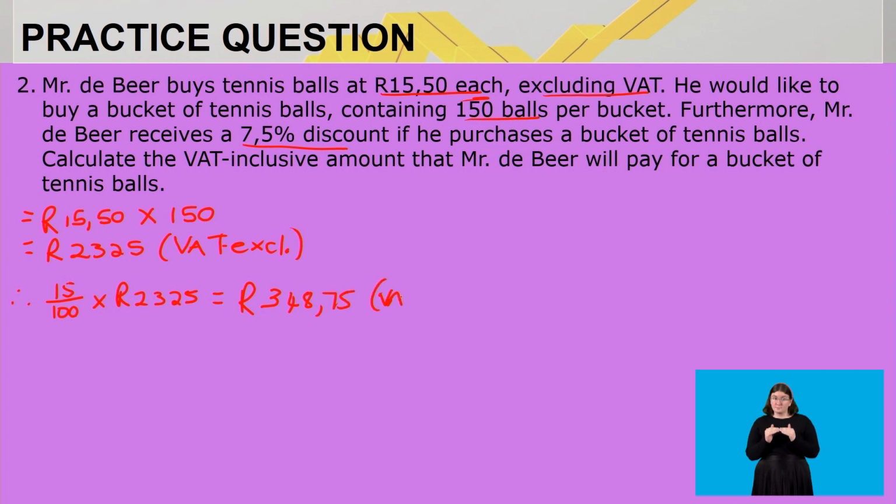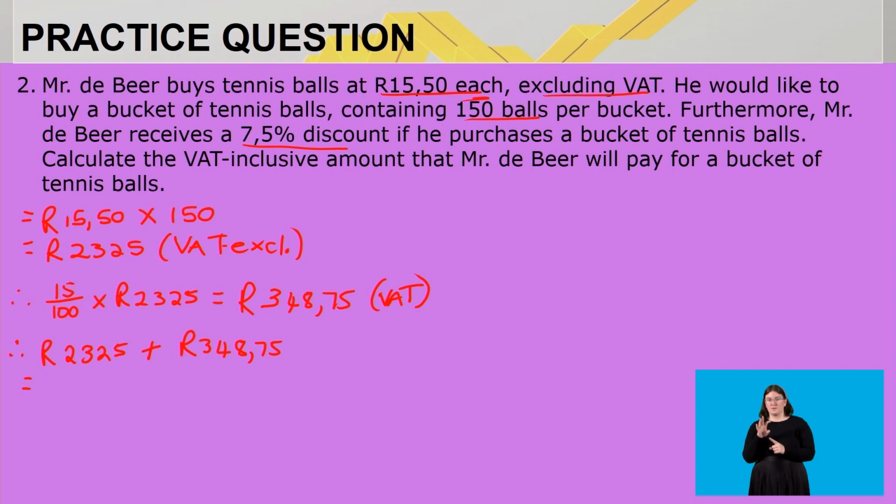So this is our VAT amount. All right. So after this now, I will take my VAT exclusive amount, 2,325 Rand, plus my VAT. I'm going from VAT exclusive to VAT inclusive now, so let's first add the two amounts together, 348 Rand 75 cents.